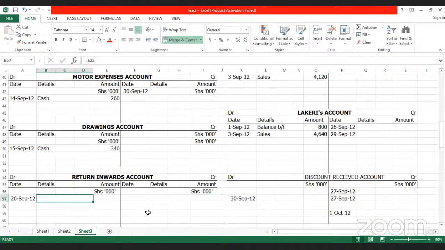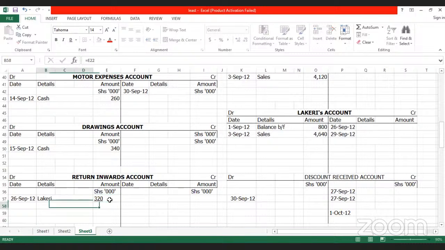Lakeri returned goods worth how much? 320. Then who else returned? Maido also returned goods. Worth how much? 360.